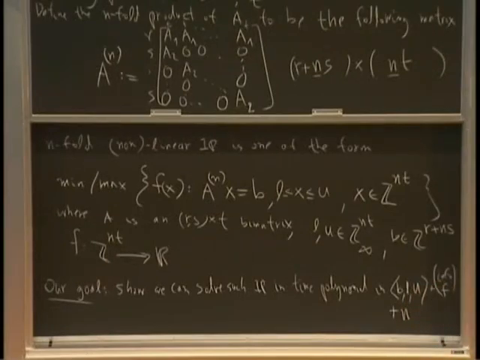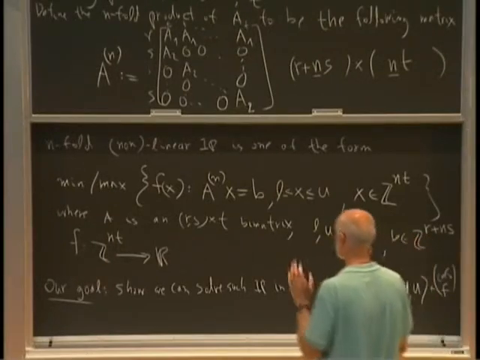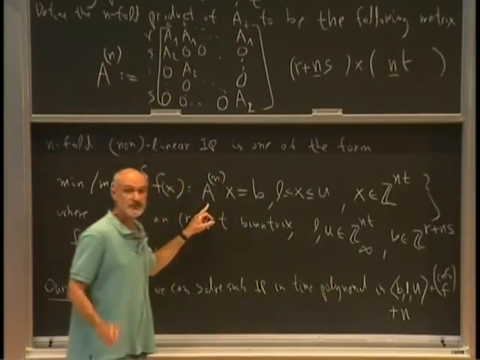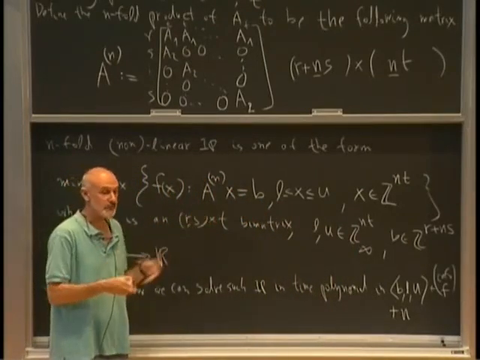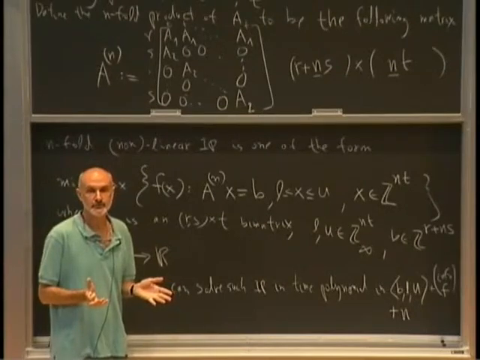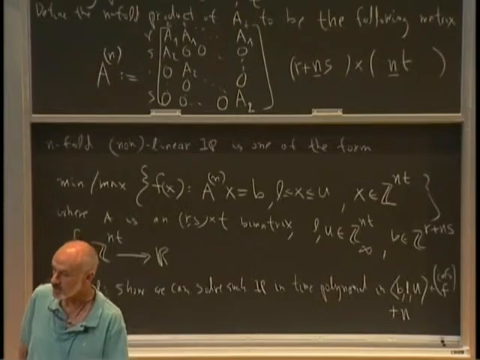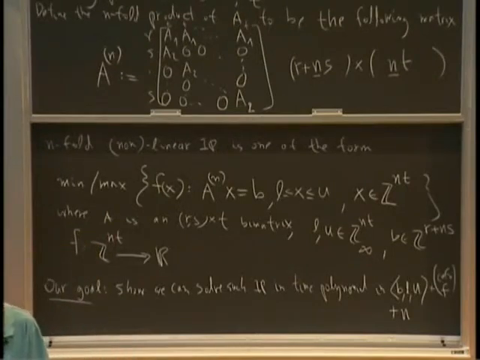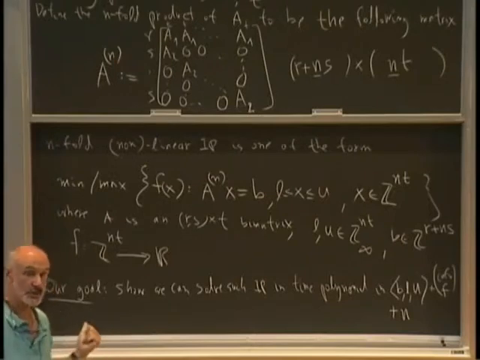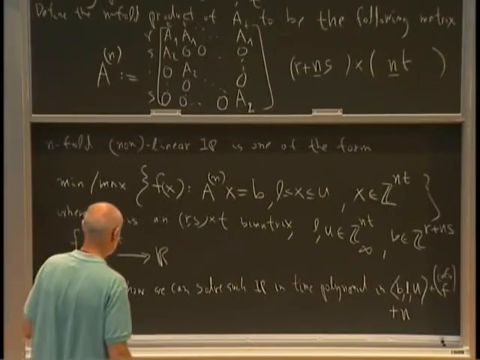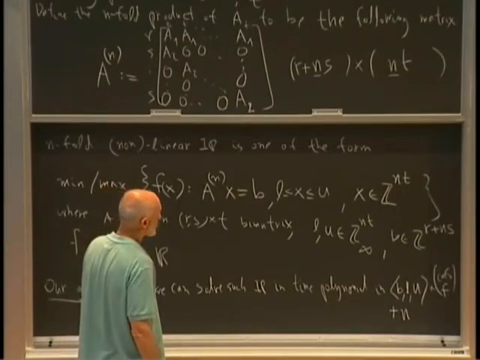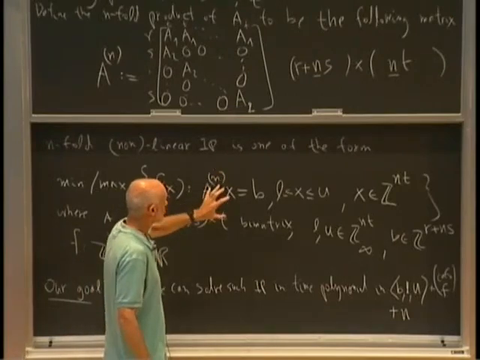Yes, A is now fixed. A is fixed once and for all for such a program, and therefore it's not part of the input. As I said, you may look for generalizations where A has small size, let's say logarithmic in n, and then you would like to include it as part of your input. But now the setup is that A is a fixed matrix once and for all, and the algorithm depends on A. So for every A, there is an algorithm. This is a big matrix, with variable dimension.